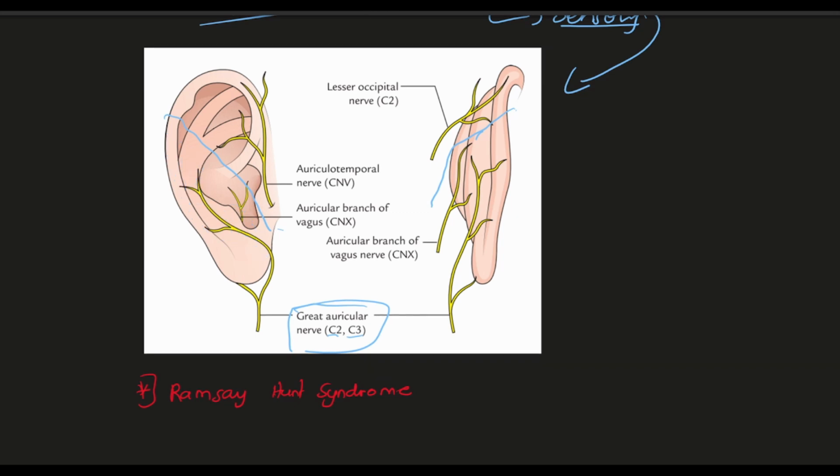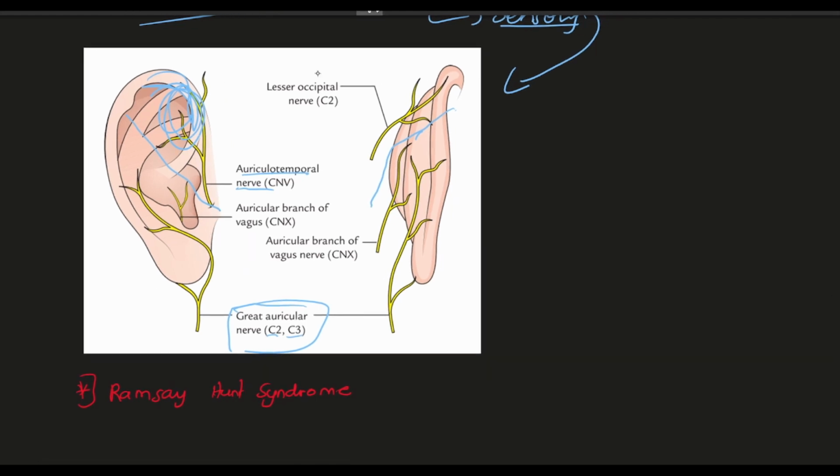And the auricular branch of the vagus nerve supplies the conchal region. The auriculotemporal nerve, as the name says, is the temporal part, so this is the ear, auricle, and the temporal. The auriculotemporal nerve supplies the anterior as well as the superior part of the pinna.